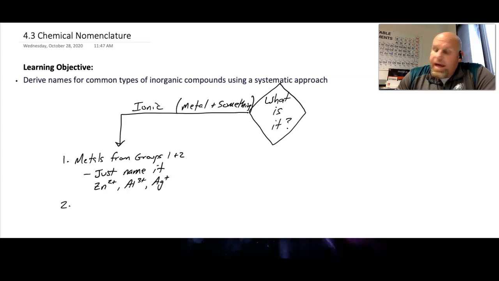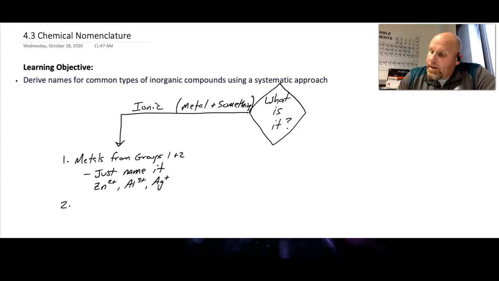So now we know that all the other metals, all the other cation possibilities, are our transition metals here. And we know from our last section that these metals could have different types of charges. They could lose different amounts of electrons. So I can't just name these here. It's not enough information.